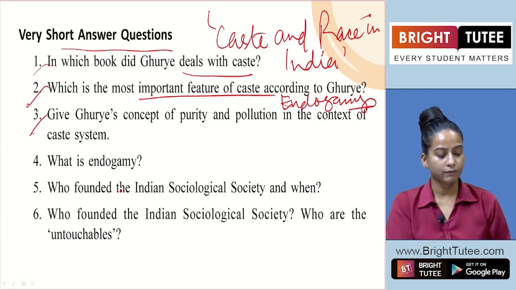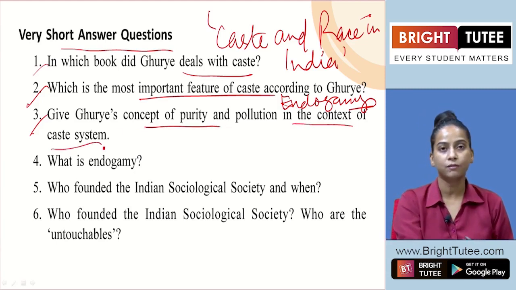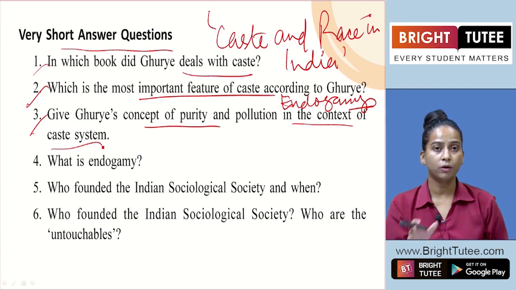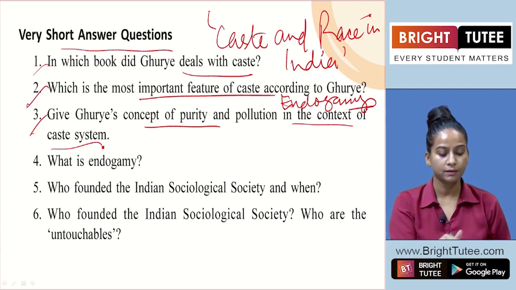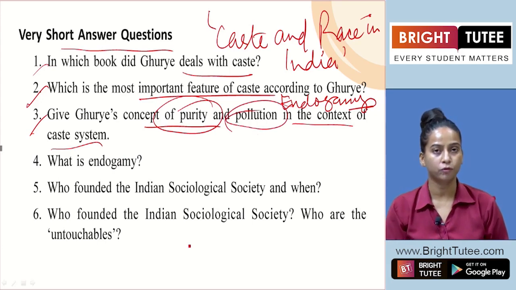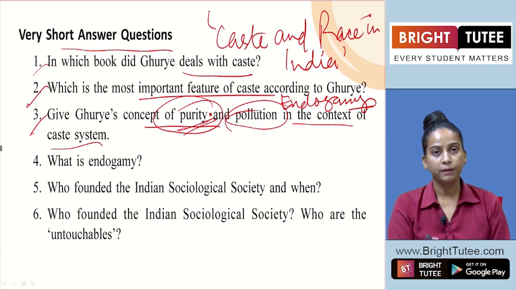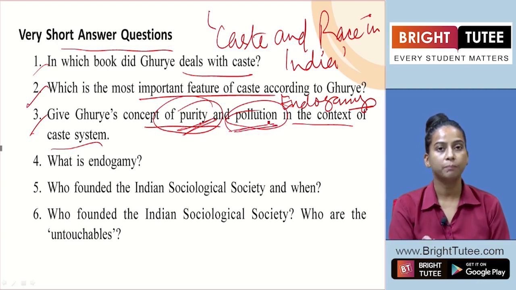The third one they have asked, give Ghurye's concept of purity and pollution in context of the caste system. Means according to him, what he considered as the concept of purity and what he considered under the pollution. He considered the upper caste group as the purity, and the lower caste group as the pollutant.